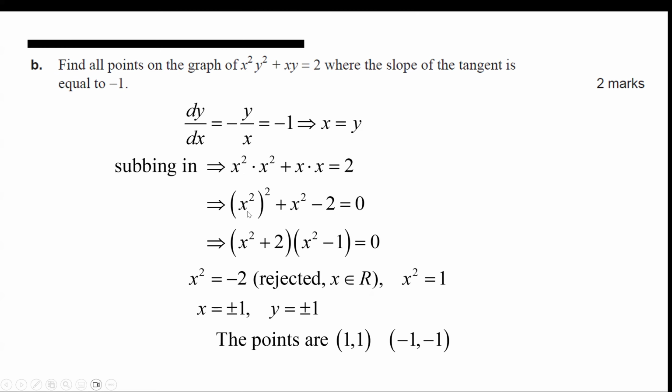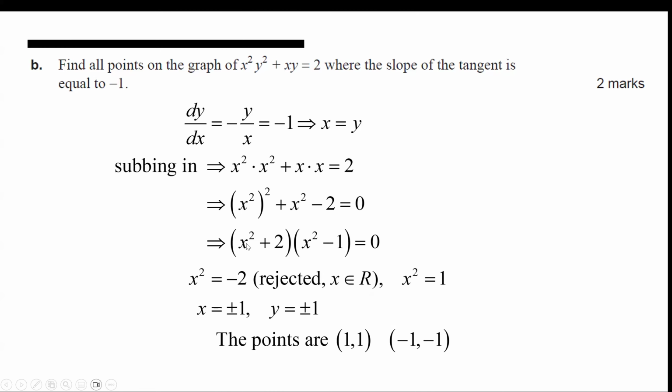You'll get a biquadratic equation, because this is x to the power 2 times x to the power 2, plus x times x. So you can isolate x squared as one item. In the substitution, x squared is now your subject, but x must be real.